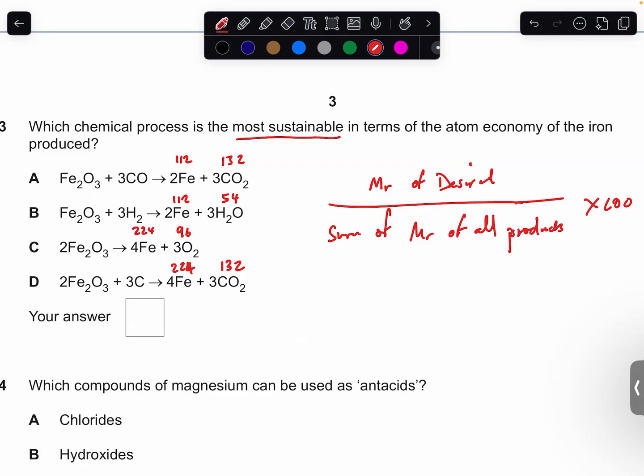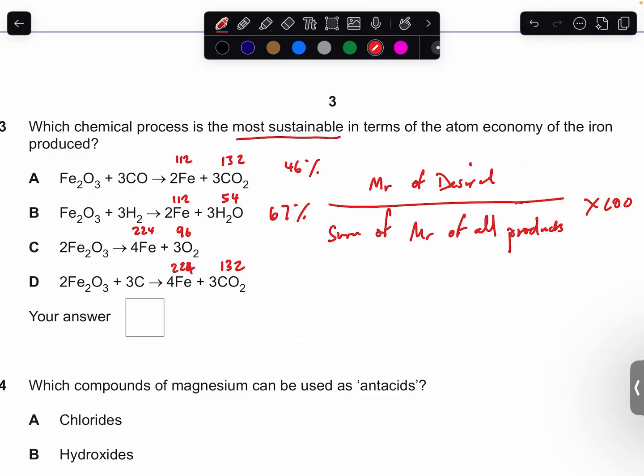Let's do a quick percentage. 112 divided by 112 plus 132. That's 46%. Then 112 divided by 112 plus 54, times 100. This is 67%, which is better.